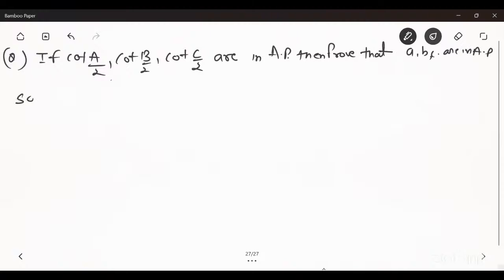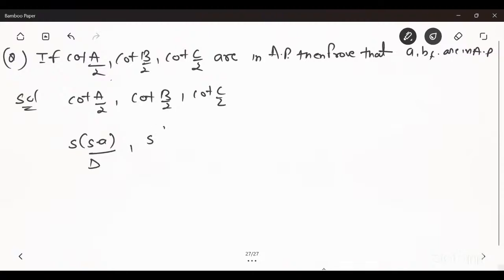Now see the solution of it. We have cot A by 2, cot B by 2, cot C by 2. So what is the value of cot A by 2? It is (s minus a) by delta, and cot B by 2 is (s minus b) by delta, and cot C by 2 is (s minus c) by delta.